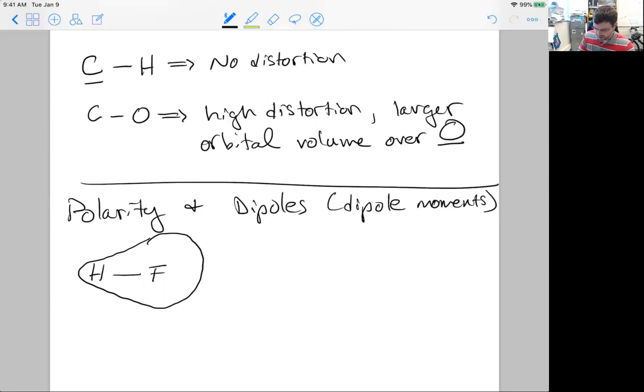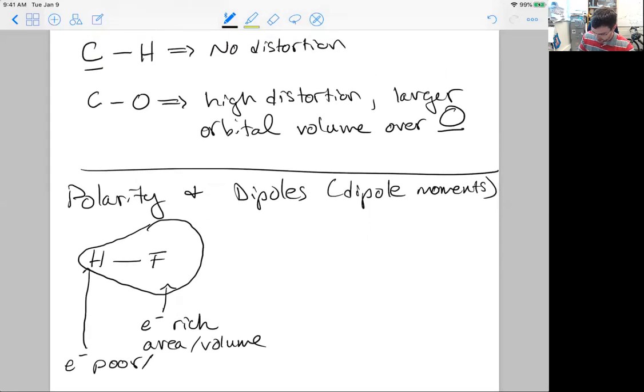Okay, now what this means is that the electrons are more likely to exist here. Now we think of that as an electron-rich area or volume, I guess. And the smaller volume or area over the hydrogen atom due to distortion is our electron poor or deficient area or volume.